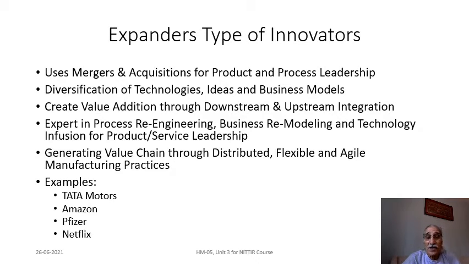So innovation in business models, just as Amazon does, just as Pfizer does, Netflix, a total revolution in terms of entertainment, how entertainment is suited to multiple languages, bringing in cross-cultural understanding in terms of entertainment. And Tata Motors, how they were able to convert Land Rover and Jaguar into a profitable business. These are the kind of expanders and innovators.